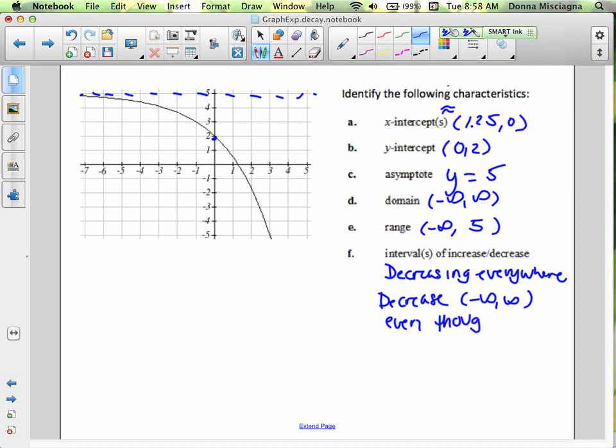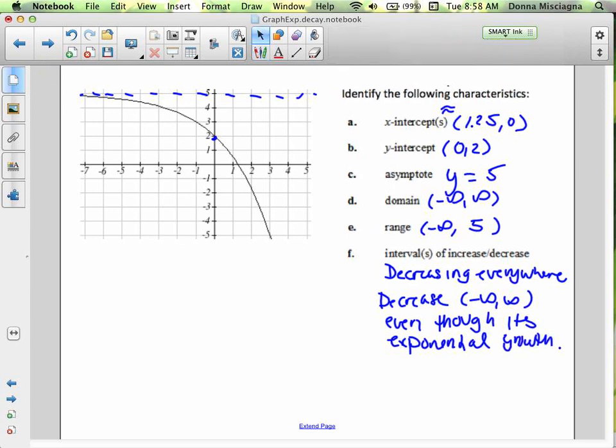Because it's been reflected, those numbers are getting more negative. So it's kind of hard to think of decrease and growth.